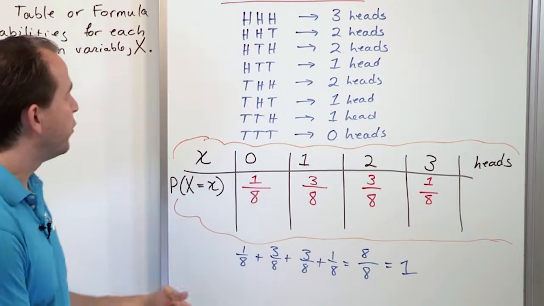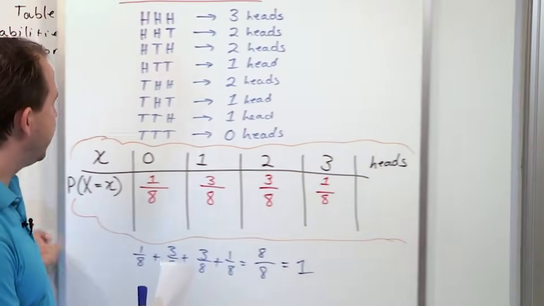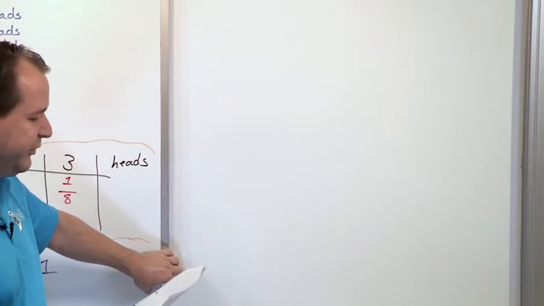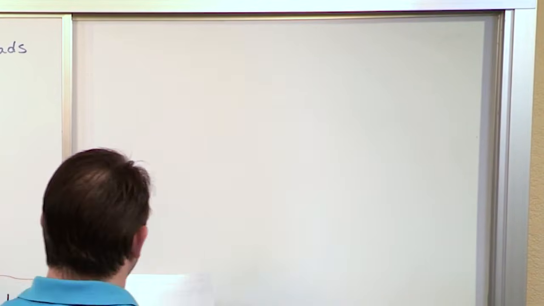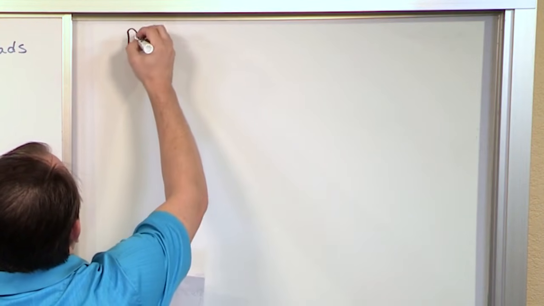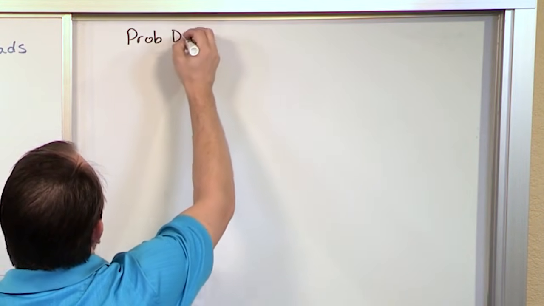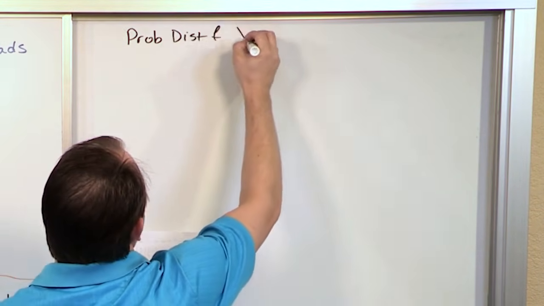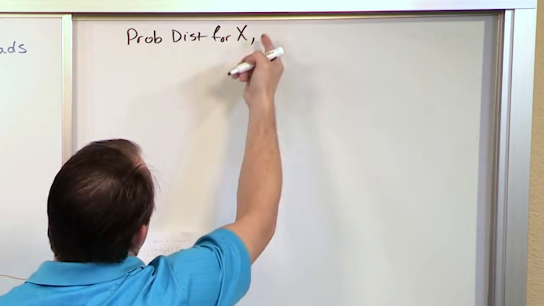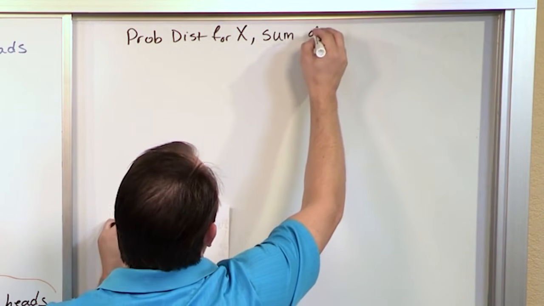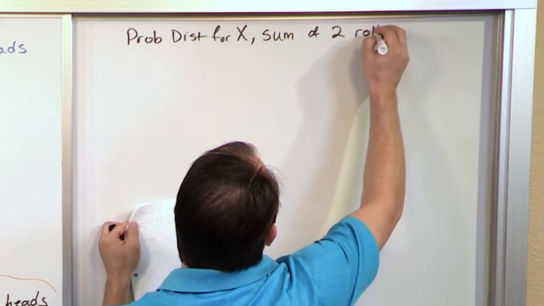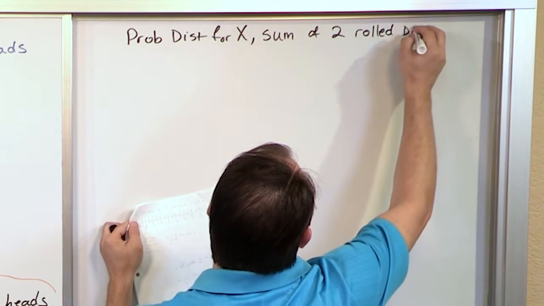All right, let's do another one real quick. We're not going to beat it into quite as much detail, but I think it's a very good problem, so I want to do it for you. What would be the probability distribution for the random variable X, that's capital X, notice, which would be the sum of 2 rolled dice?